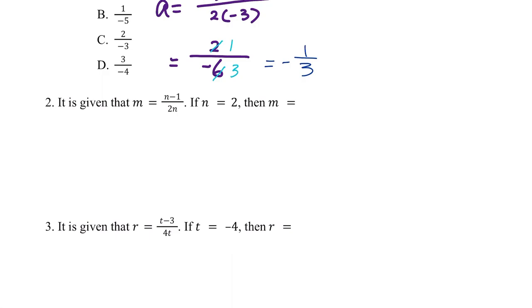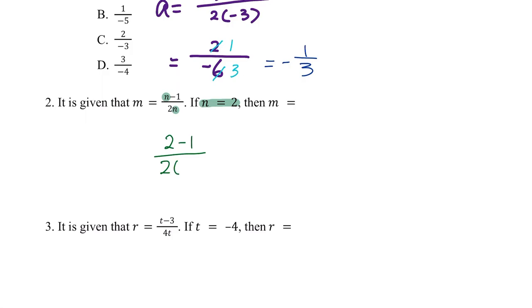So, back. Hopefully you have paused. I'm not sure, of course I'm not watching you guys, so it's up to you if you want to pause or not. Now this time m is expressed by this whole thing, okay? And we now know that there is an n in this expression, right? And the value of n is 2. In the end I have to find the value of m. How do I do that? n is 2, so wherever there's n, I can replace it by 2.